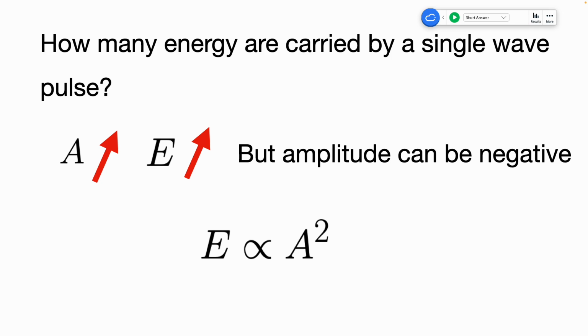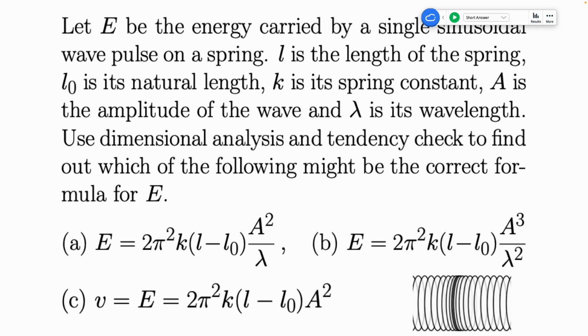All right, now the next thing we should do is practice this type of question again. So E is the energy carried by a single sine wave. A continuous sine wave can have many pulses.